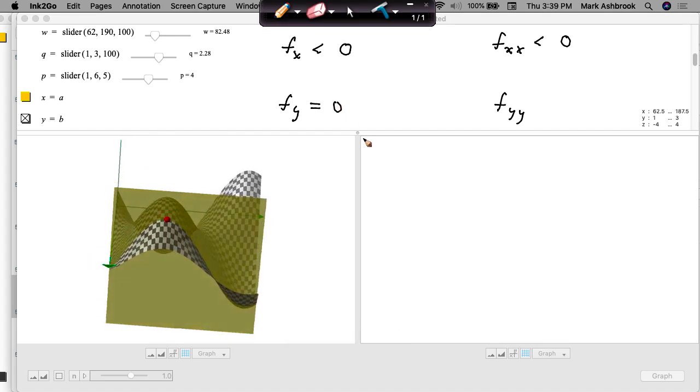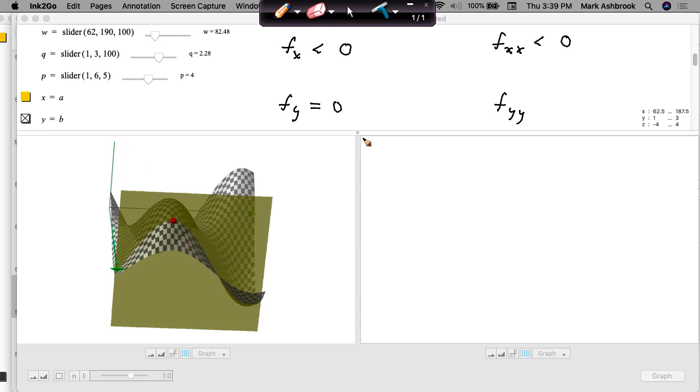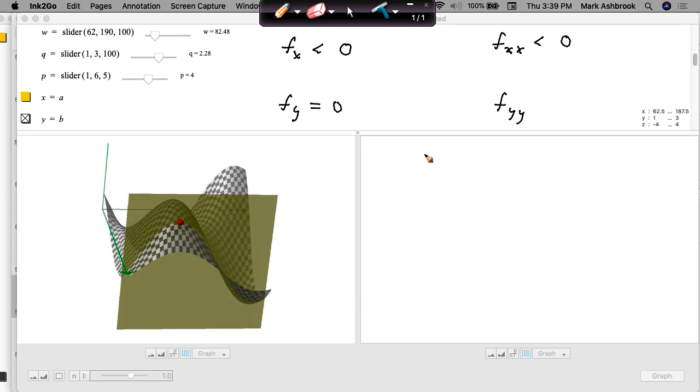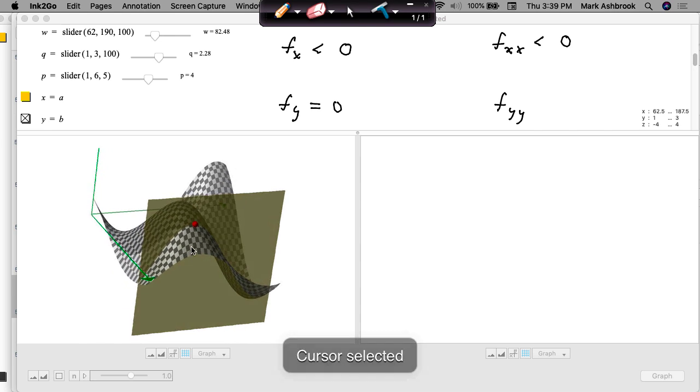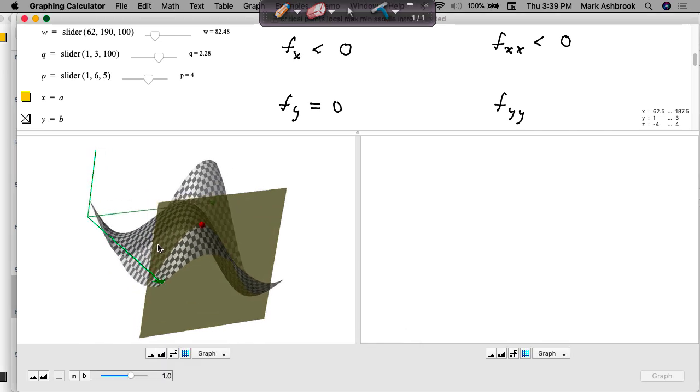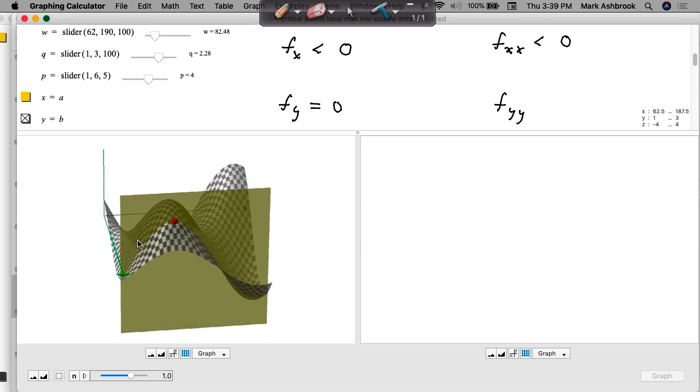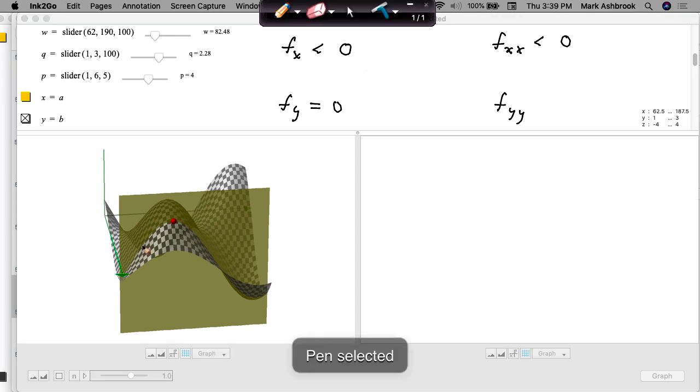Did you guys say 0? The first partial with respect to y is 0. Second partial with respect to y: less than 0. You guys agree? Because the rate is decreasing, getting less positive or more negative. Good, that's right. And the whole way the rate is decreasing.